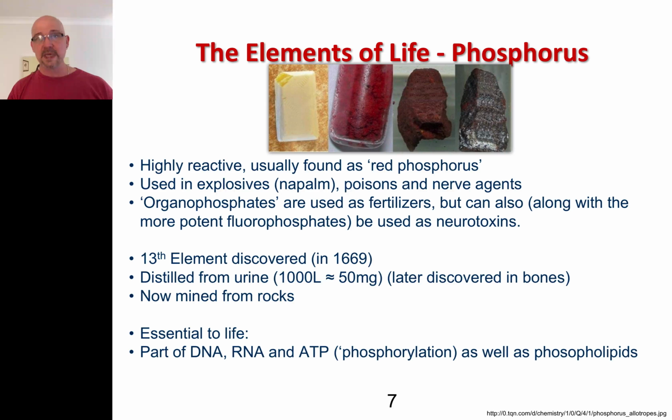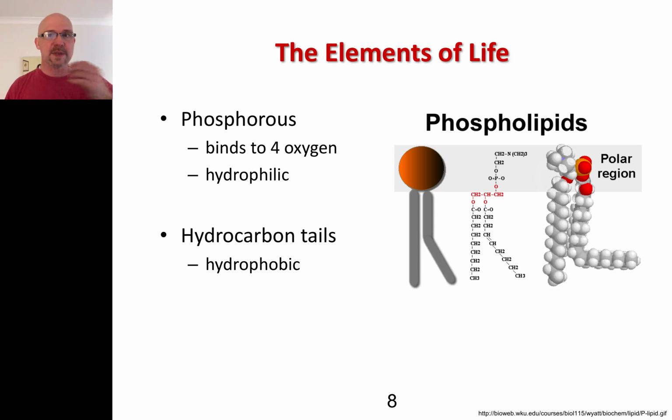And it's also really important, and this is where it comes into this lecture, in something called phospholipids. So phospholipids mean we take this element, phosphate, and we attach a lipid or a fat to it. So imagine that you've got a little hand floating around and you're just glomping some fat onto it. That is a phospholipid. Why are phospholipids so important?